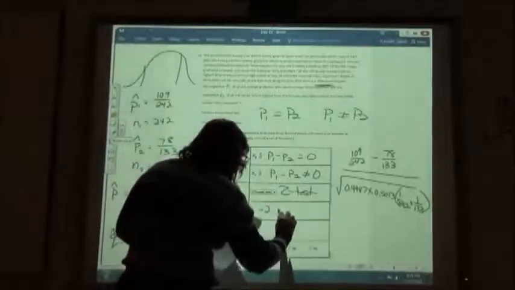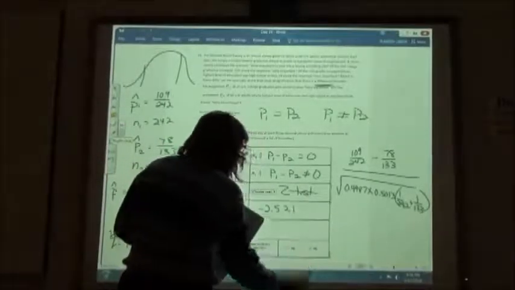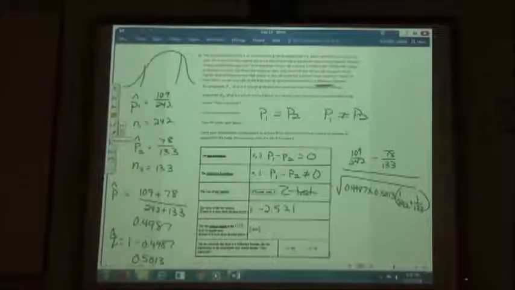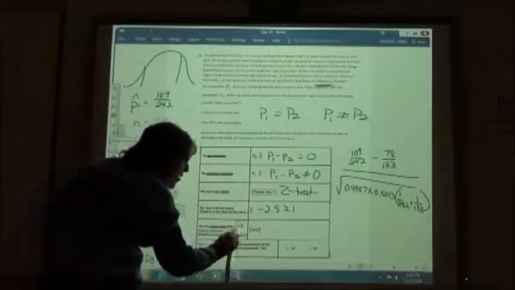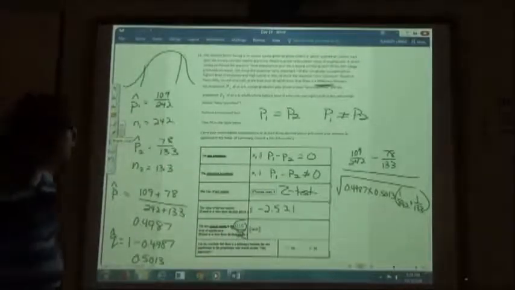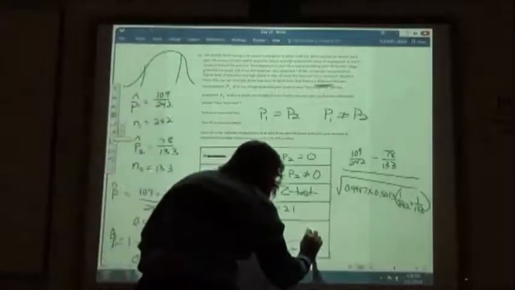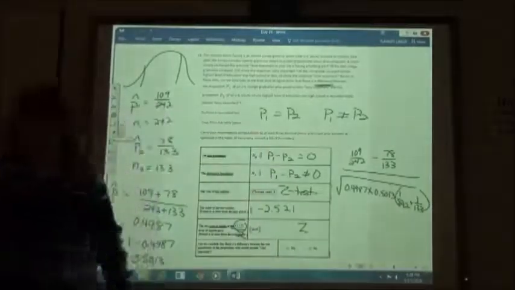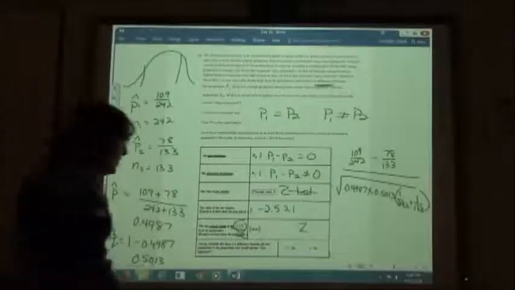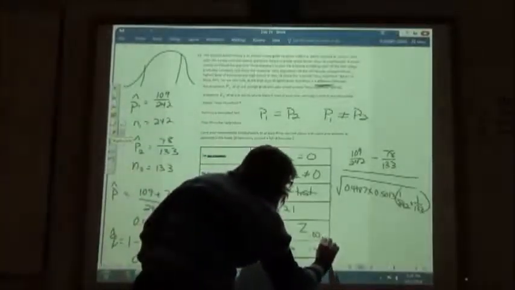Negative 2.521 it rounds off to? Okay. We are going to do the critical value. Again, we're doing a two-tailed test. So on this critical value, we're going to divide it by 2 since we have that two-tailed test. So we're going to use Z sub what number? 0.025. Right?